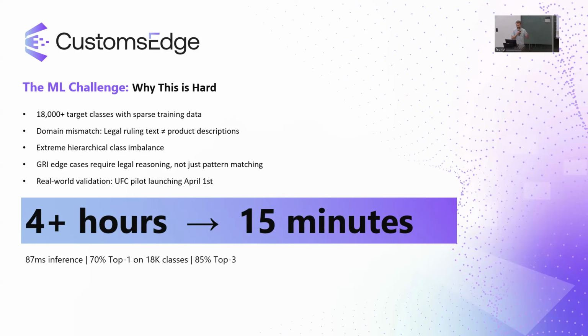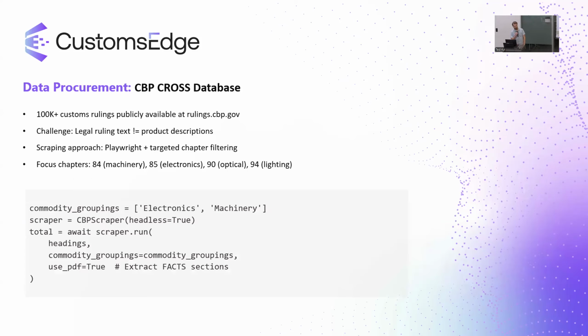So they do that kind of logic. But anyways, that would take obviously quite a bit of time and require some industry expertise depending on your vertical. So Customs Edge intends to take that process down by 95% or so.